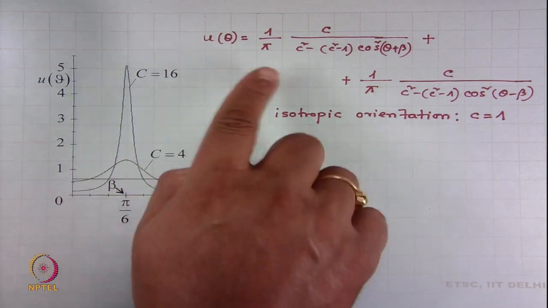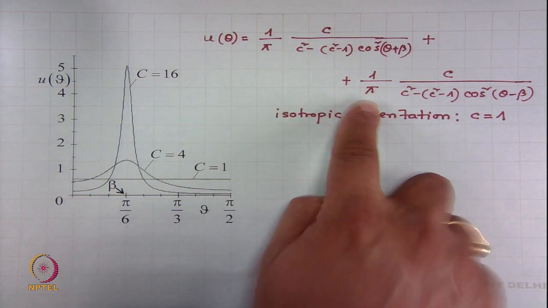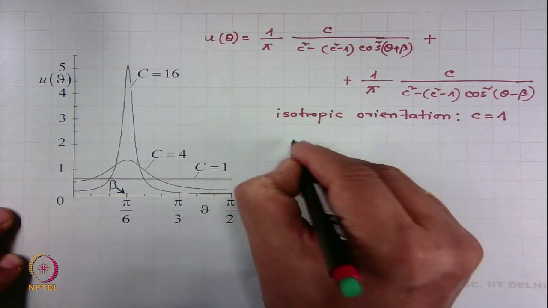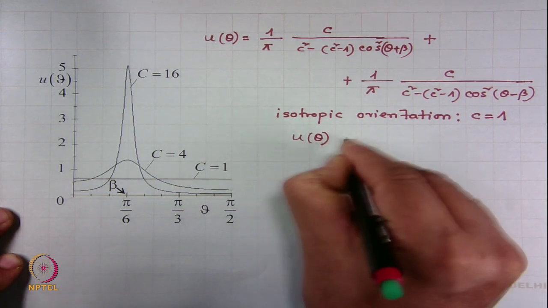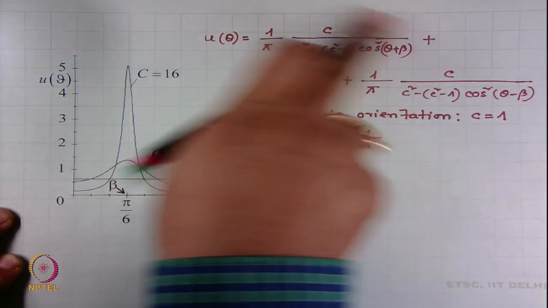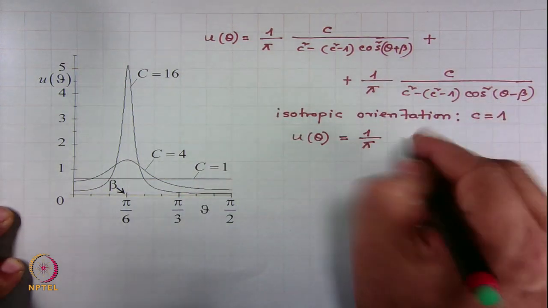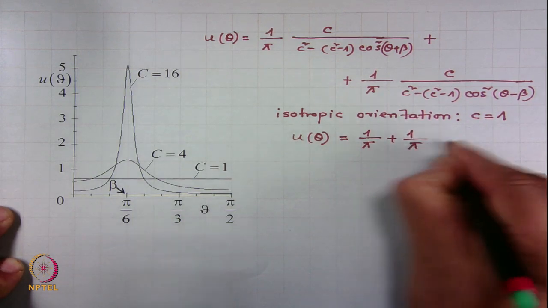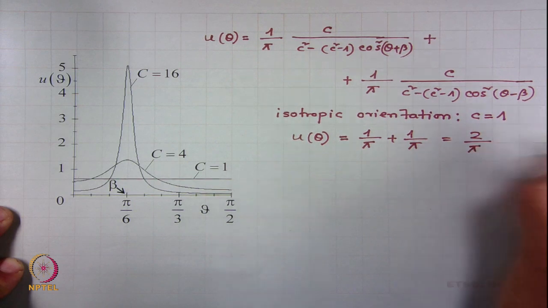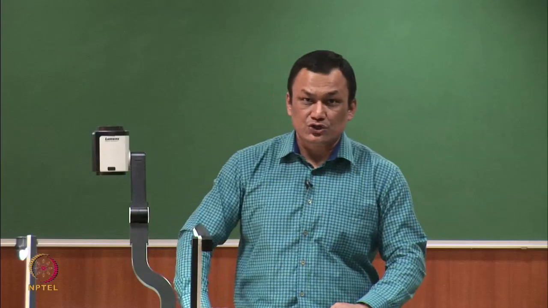We obtained from here 1 by pi and here we obtained 1 by pi. So, u theta for isotropic orientation is 1 by pi from here plus 1 by pi from here. So, 2 by pi. Remember this. What is the value of u theta for isotropic orientation? The answer is 2 by pi, not 1 by pi.